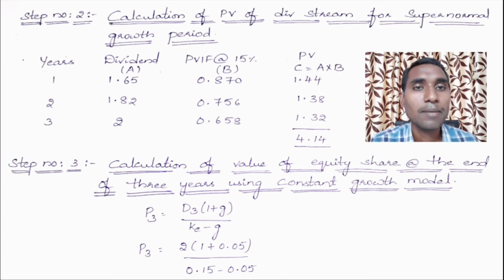Next, in step number 3, you will calculate the value of the equity share at the end of the supernormal growth period, whatever the years the supernormal growth period is. Here the supernormal growth rate is for 3 years. So at the end of the 3 years, you need to find this price.